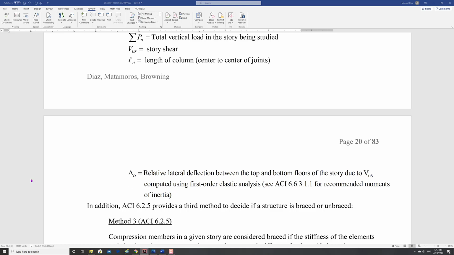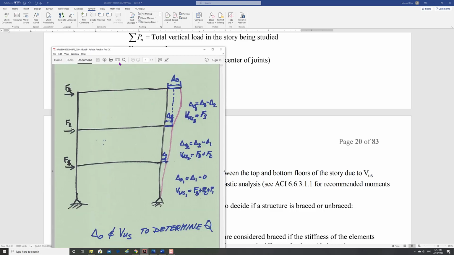I have made, I think, a copy for you here someplace for that purpose. So you apply your forces, you get your displacements, delta 3, delta 2, delta 1. The relative value is the difference between delta 3 and delta 2.